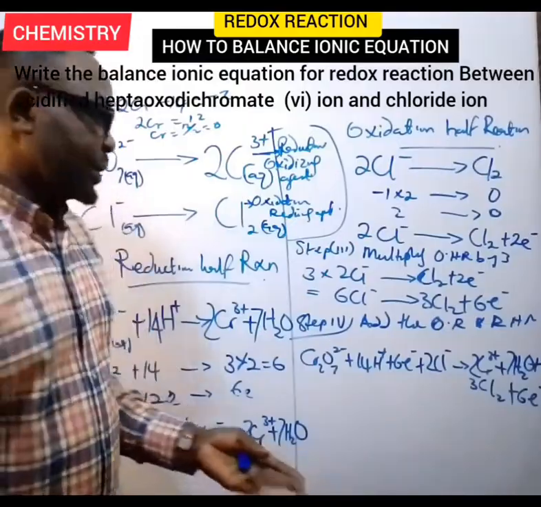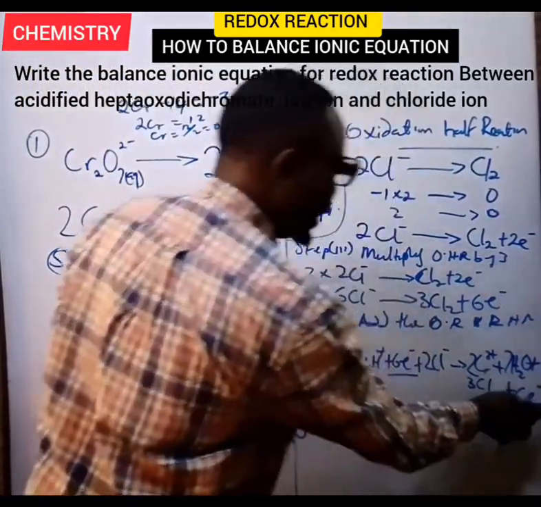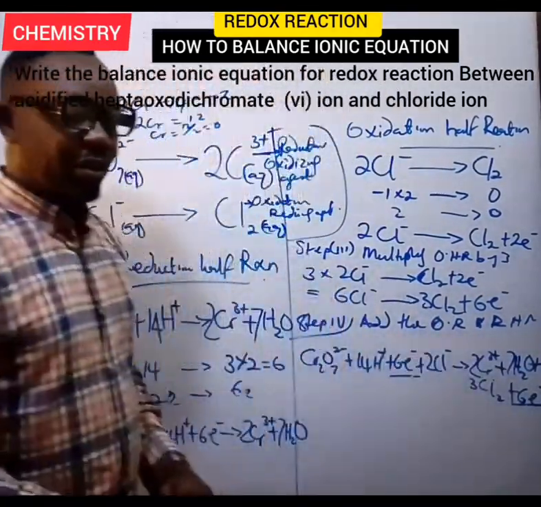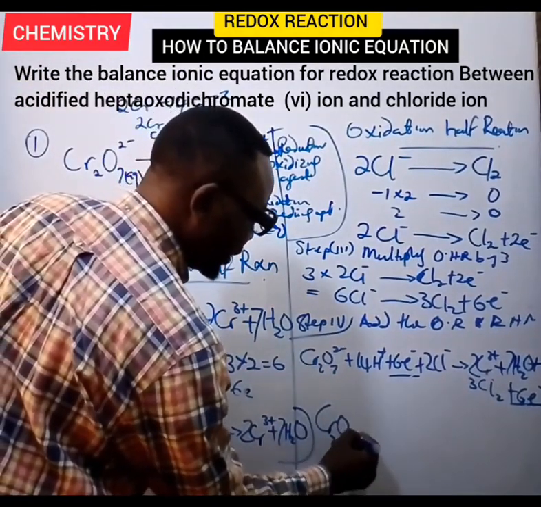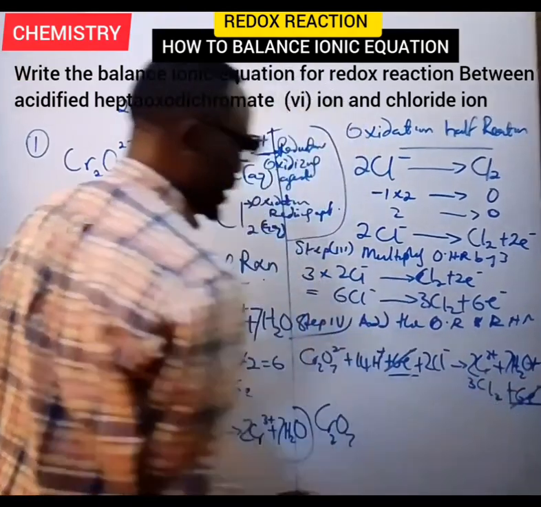If you collect the like terms, the 6 electrons on each side cancel each other out.